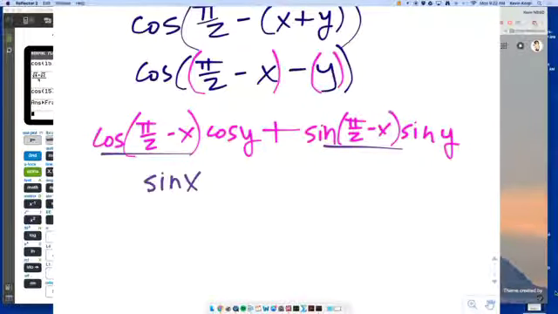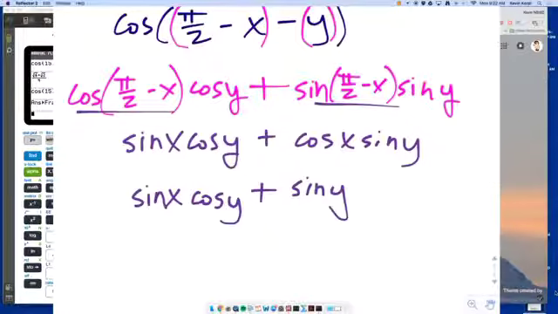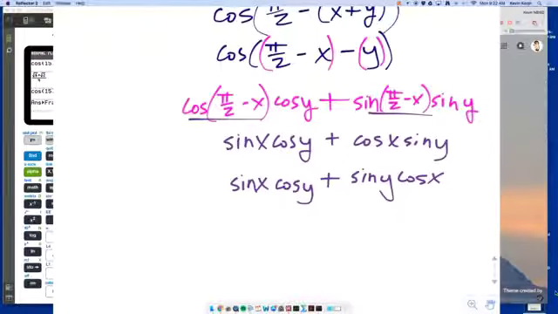So I have sine of x, cosine of y, plus cosine of x, sine of y. And what I'm going to do is flip those around. I'm going to keep the first term the same, sine of x, cosine of y, plus, but now I'm going to commute those two factors, which is legal. I get sine of y, cosine of x. And that, then, if I bring down the original thing I started with, that's equal to sine of x plus y.